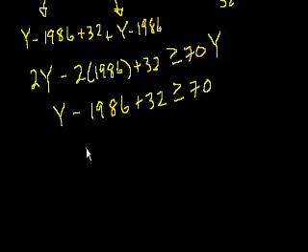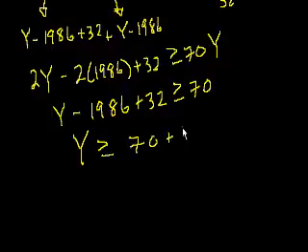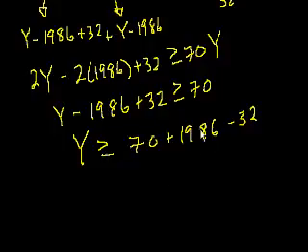And then y is greater than or equal to 70. Let me add 1986 to both sides, minus 32. So what's 1986 minus 32? That's 1954, right? 8 minus 3 is 5, 6 minus 2 is 4.